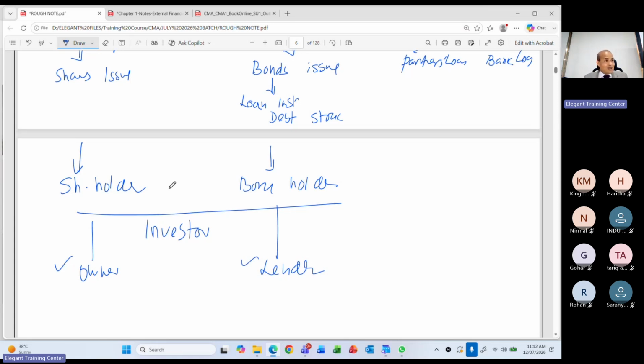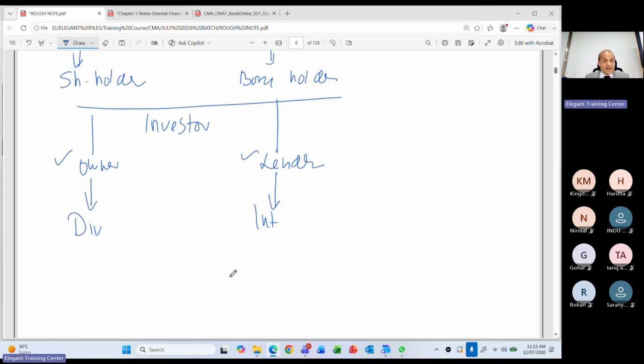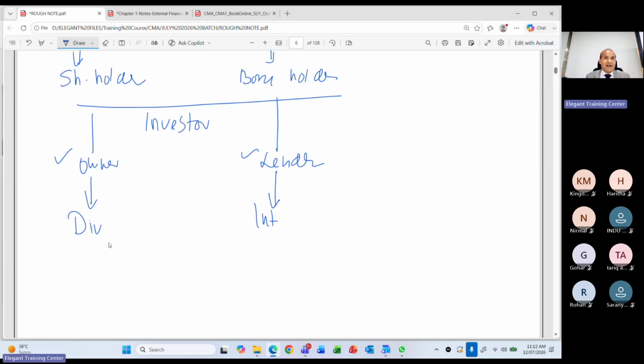Now, as a shareholder, what do you get? Dividend. If you are buying the bonds, what will you get? Very good, you will get interest. Clear? If you are buying the shares, you get dividend.